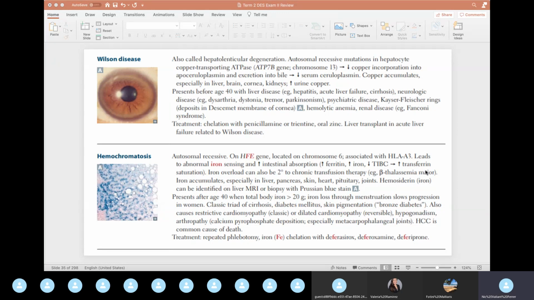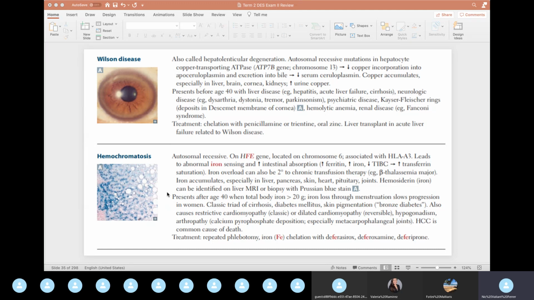What happens to transferrin? You have an increase in iron, so you have an increase in ferritin, the storage form of iron. You have an increase in iron in the blood, and an increase in transferrin, which transfers iron from the blood to your hepatocytes. And you have an increase in iron binding capacity, TIBC.